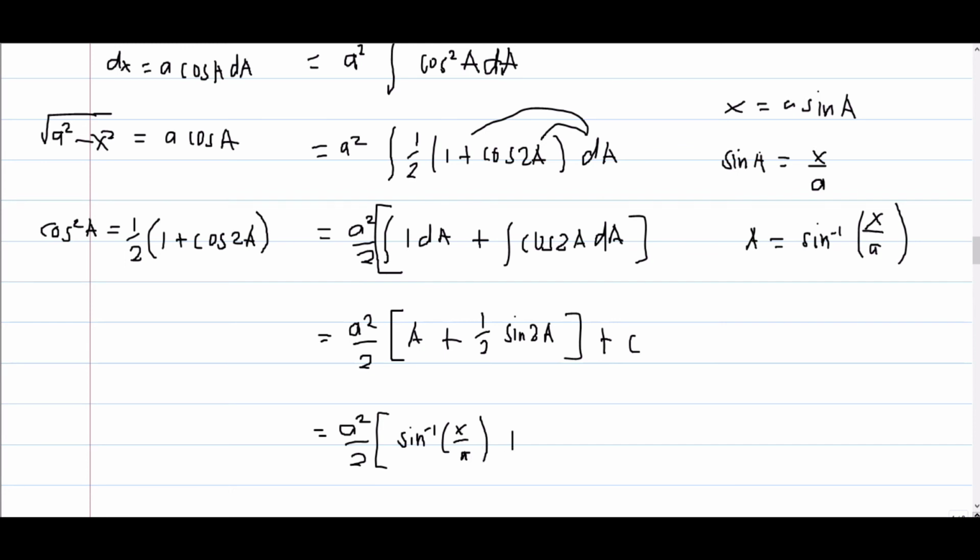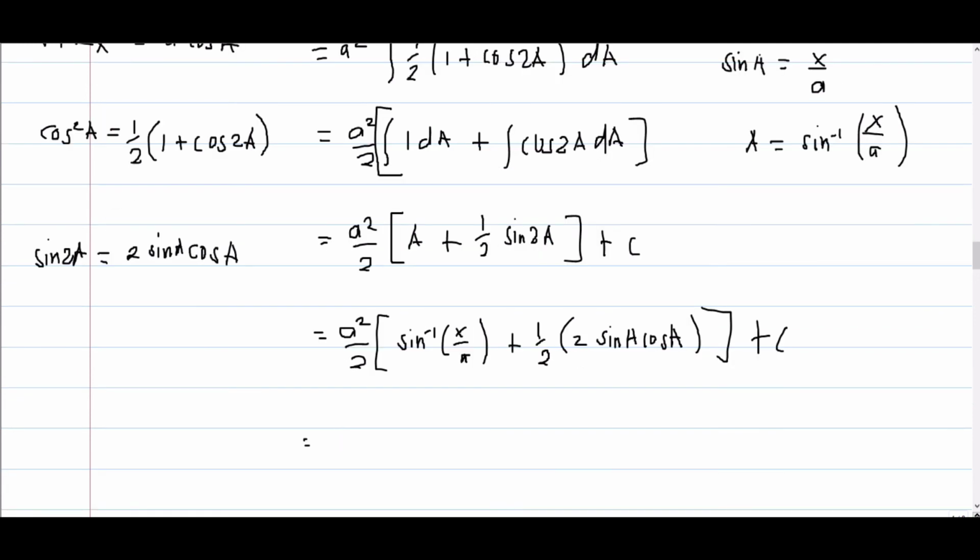then plus 1/2. Take note that sine 2θ in trigonometric identities is equivalent to 2 sine θ cosine θ, 2 sine θ cosine θ, then plus c.